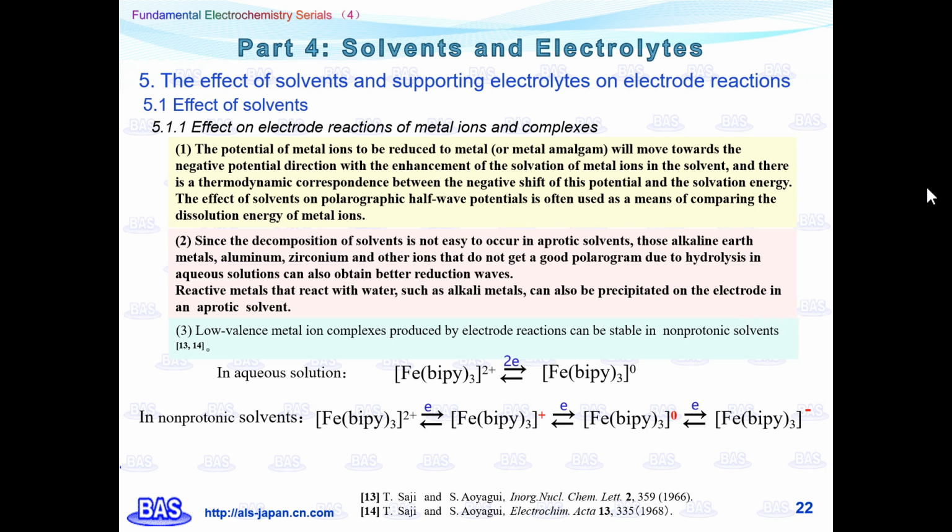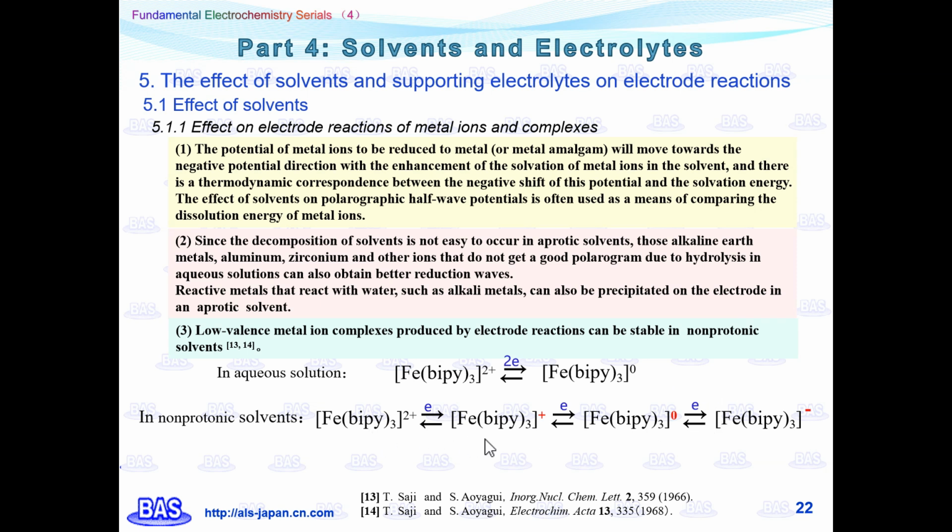Reactive metals that react with water, such as alkali metals, can also be precipitated on the electrode in a non-protonic solvent. In non-protonic solvents, the low-valence metal complex produced by the electrode reaction can exist stably. For example, the bipyridyl complex of the ferrous ion undergoes 2-electron reduction in aqueous solution to form the zero-valent complex in one step.